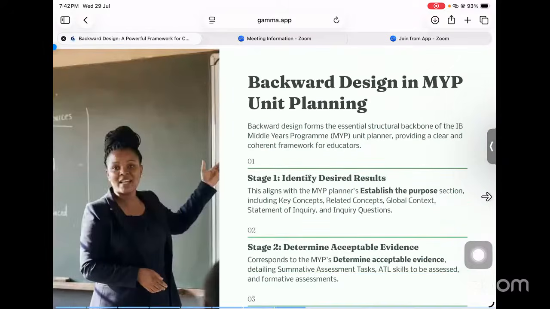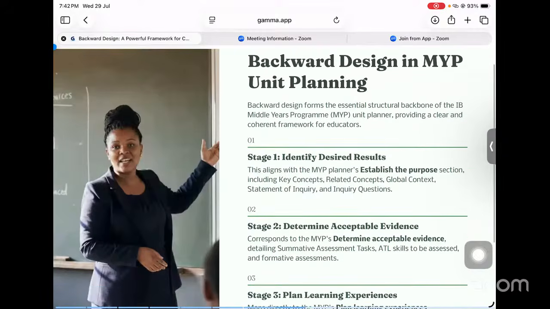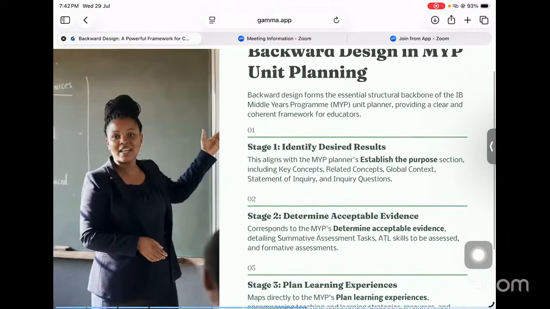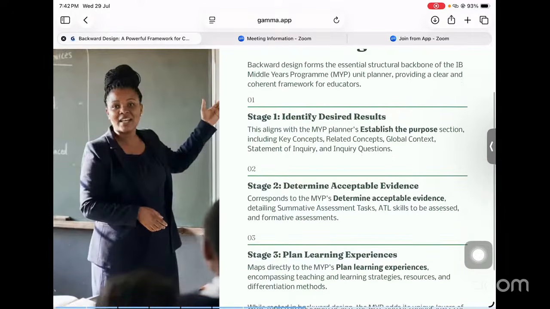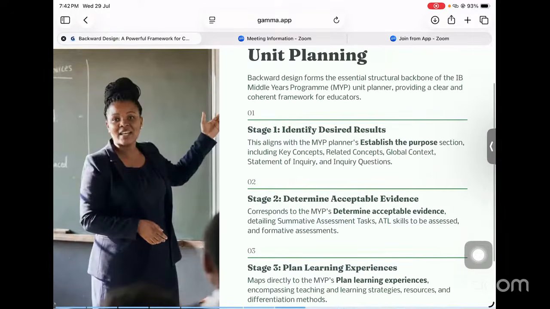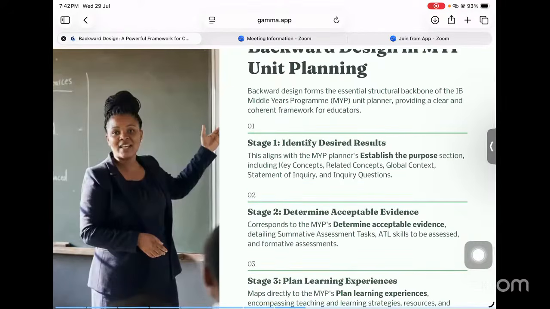Now, if you look at backward design in MYP unit planning, how will you do it? First, you establish the purpose of the unit. Before you do the key concept, related concept, global context, statement of inquiry, and inquiry questions, what I prefer to do is write down the content. What is the content of that unit? What do you want to teach in terms of content?